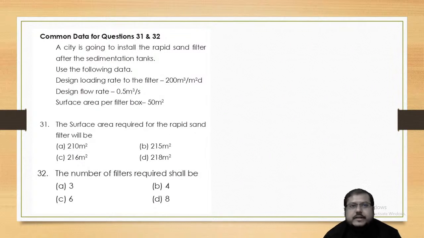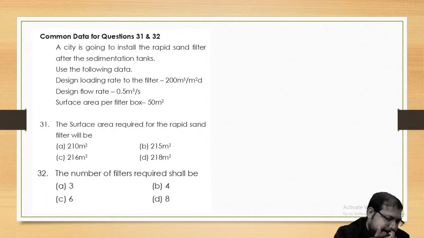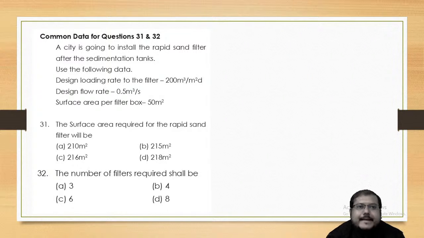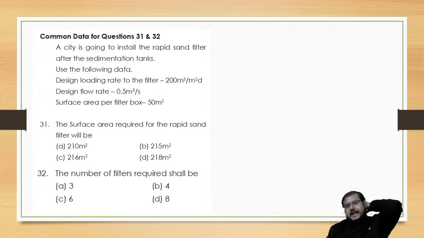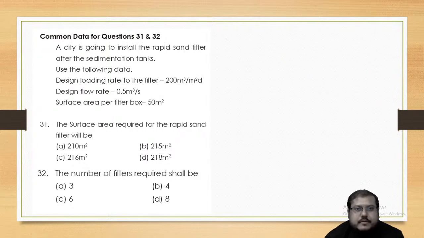Now question 31 and 32. A city is going to install the rapid sand filter after the sedimentation tank. Use the following data. So design loading rate is given. Q is 200 meter cube per meter square day.